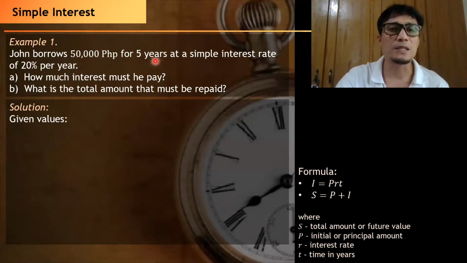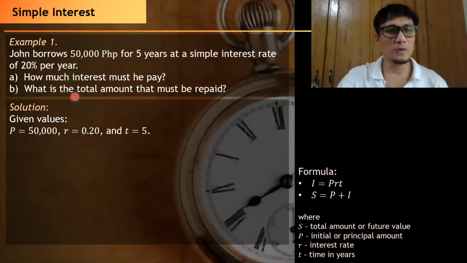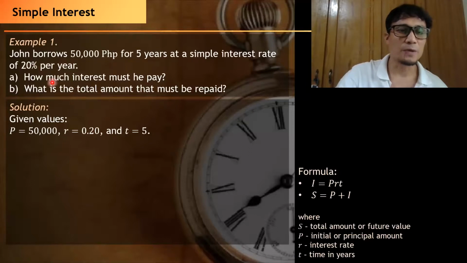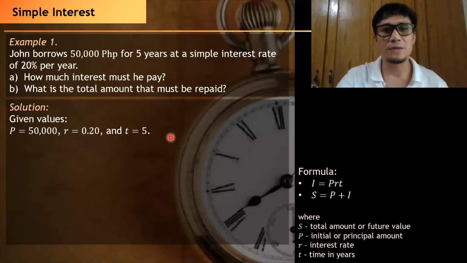And what is this? 5 years. That's what we call the time, or T. And the 20% here is your R, or the rate of interest. It should be written in decimal form. Okay. So we have P equals 50,000, R equals 0.20, the decimal form of 20%, and T equals 5.